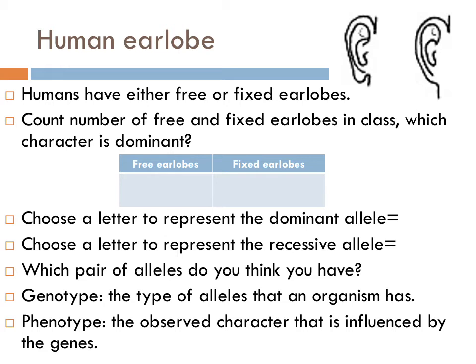You can ask your aunt or your uncle, your grandma or your grandpa to join in, just by taking a photo of their earlobes and showing the photo to you, for example, if you cannot see them today. Just count in a big number of people how many have free earlobes and how many have fixed earlobes. And then you're going to decide which of these characteristics is more dominant.